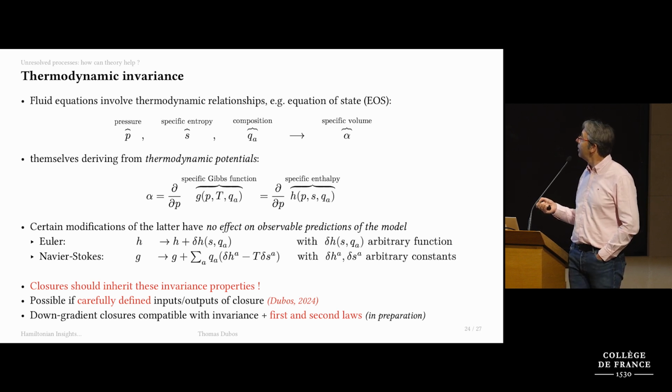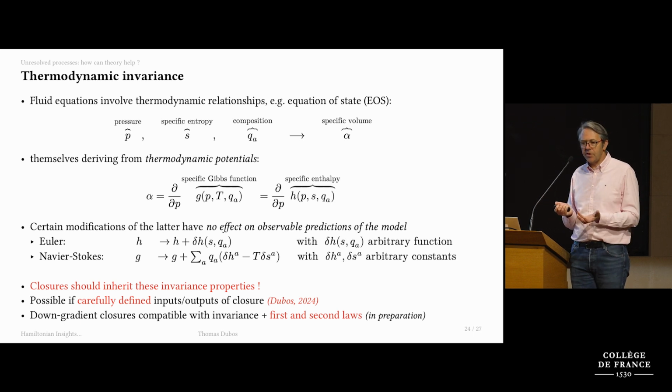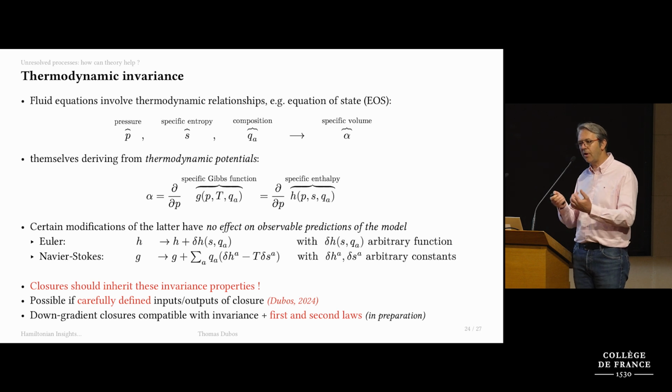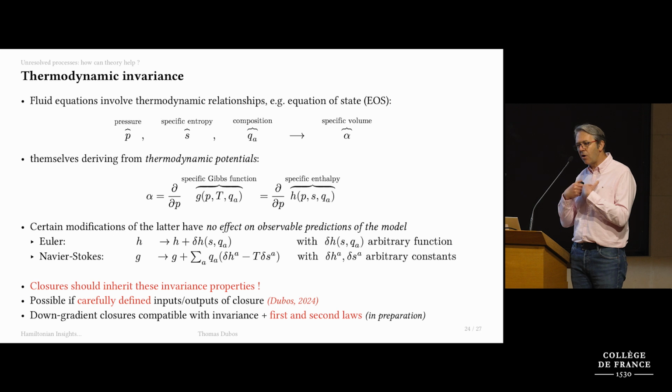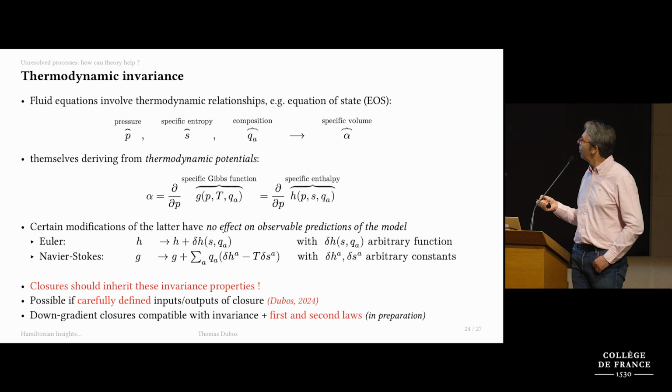So for instance, if you look at your fluid equations, being fluid, they rely on thermodynamics, right? You have somewhere an equation of state, so underlying the equation of state, you have a Gibbs function or an enthalpy that generates them. So if you give me a Gibbs function, I know all I need to know about the thermodynamics. Any thermodynamic function can be deduced from the Gibbs function or from specific enthalpy, for instance, specific volume.